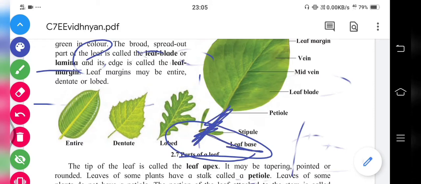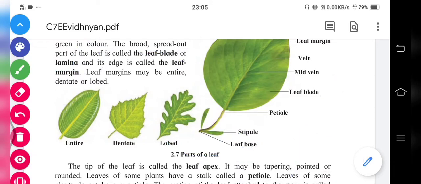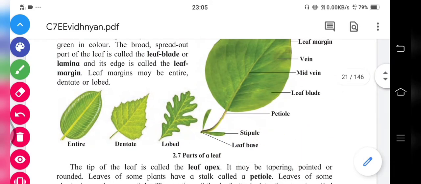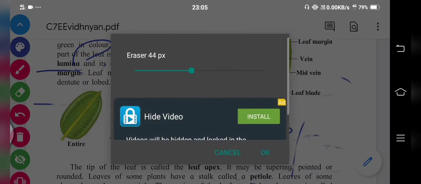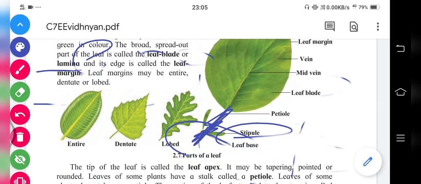A small leaf-like structure may be present near the leaf base. This is called a stipule. Not every plant has it, but some plants may have stipules. Where are the stipules present?